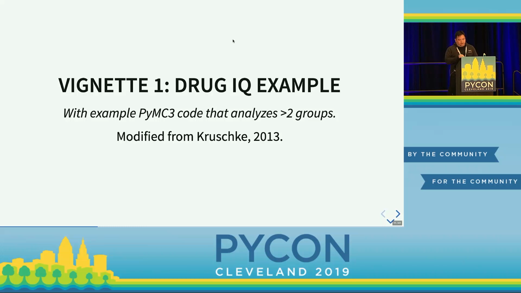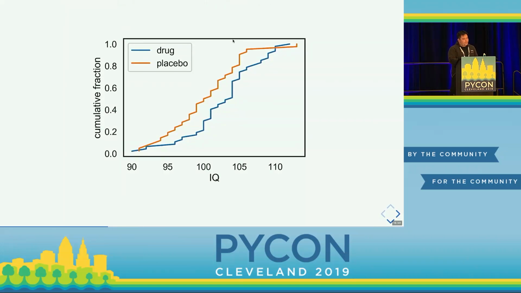This story comes from a paper written by John Kruschke in 2013. And it's a paper that talks about the intervention where we give participants in a trial a drug, and then we measure their IQ post-intervention. So we get data that looks something like this. Just a quick poll. How many of you have seen a chart that looks like this? This is a cumulative distribution plot.